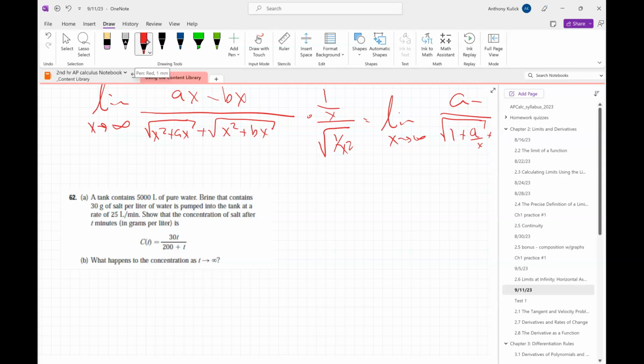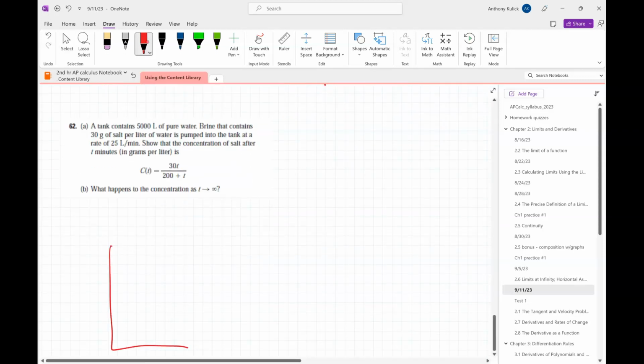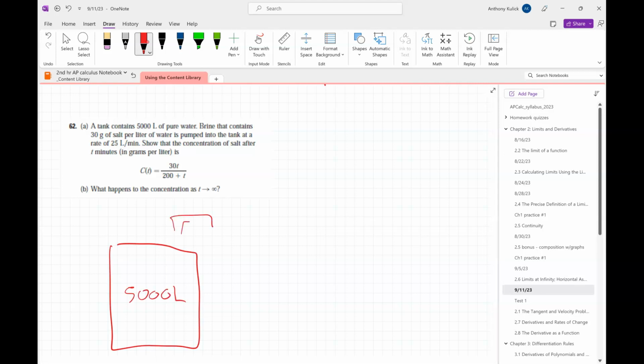So we have a tank, and it contains 5,000 liters of water. And we have some tap, and in this is coming our salt water. So far, so good? Okay.